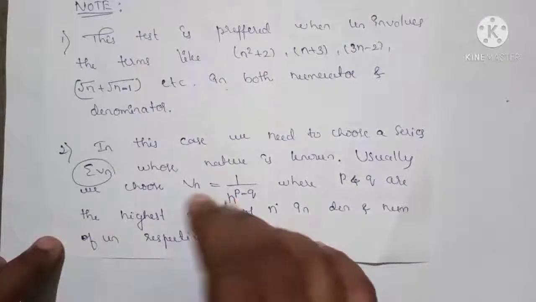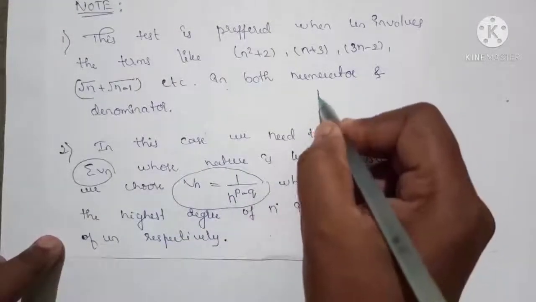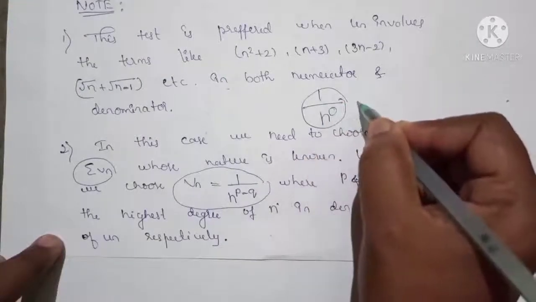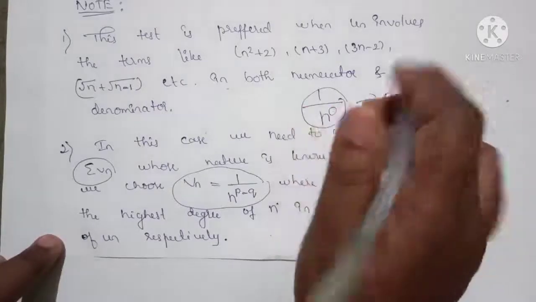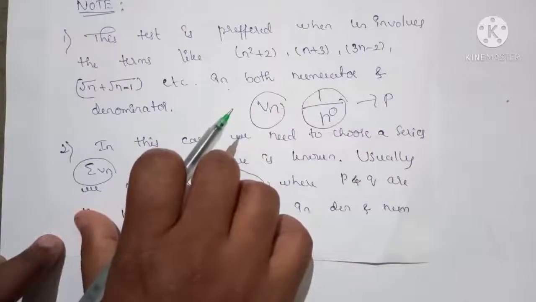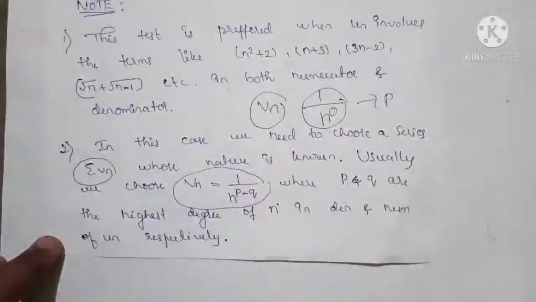If we choose vn like this, then it becomes a P series, 1 divided by n raised to something, and it will be easy to test the given vn. If vn is convergent, then un will be convergent. If vn is divergent, then un will be divergent.